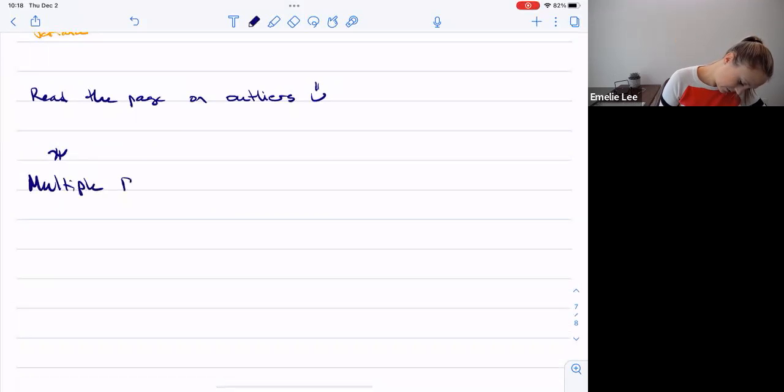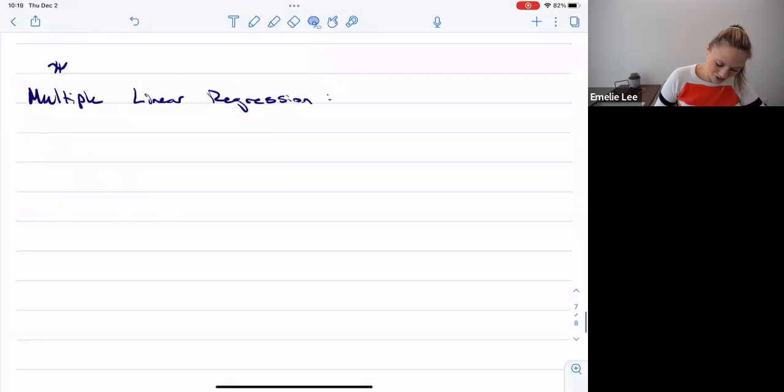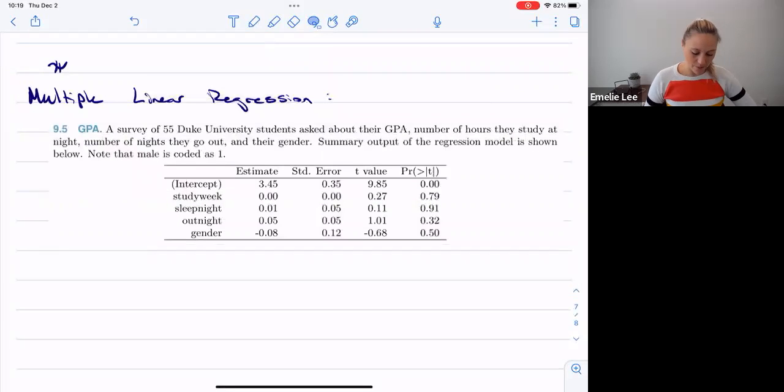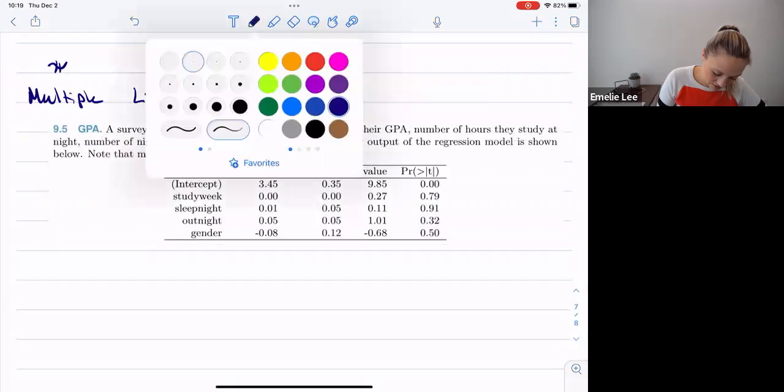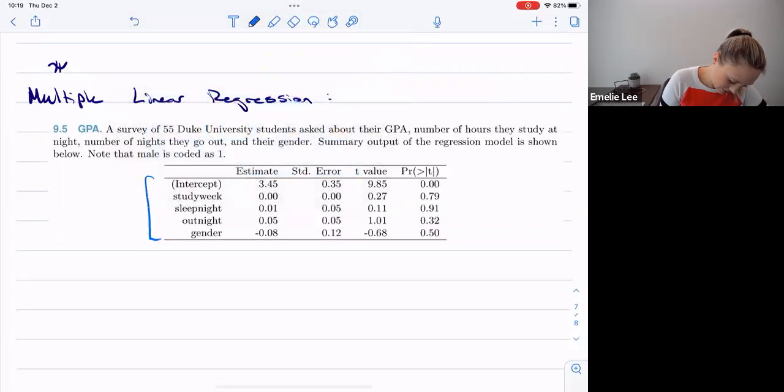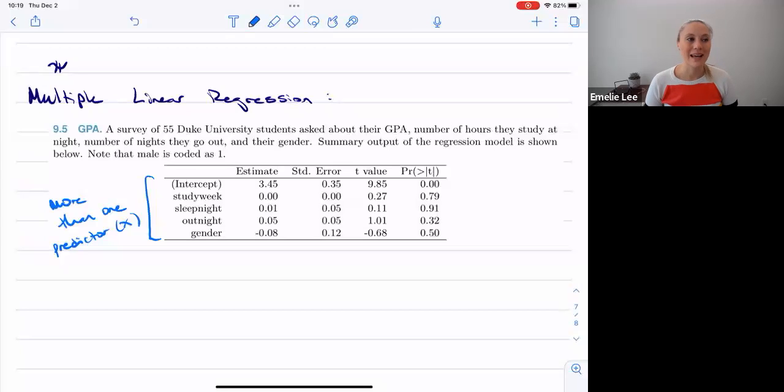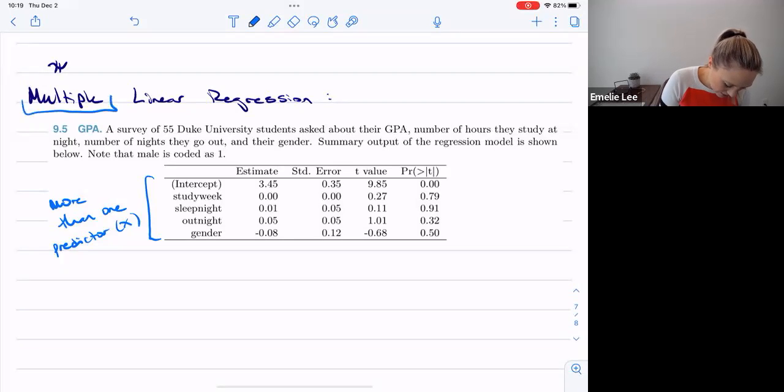Multiple linear regression is the last question on the assignment, and I still want you to do it. What happens is if we have more than one predictor, which is a value of x, then we have multiple linear regression.